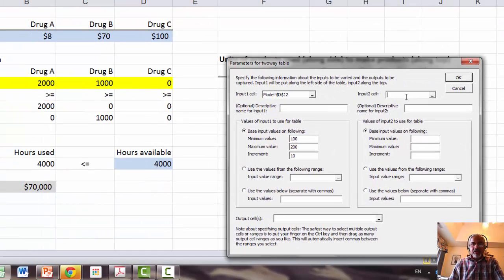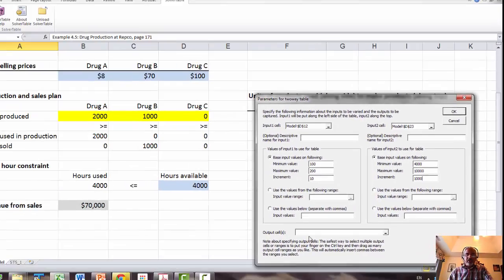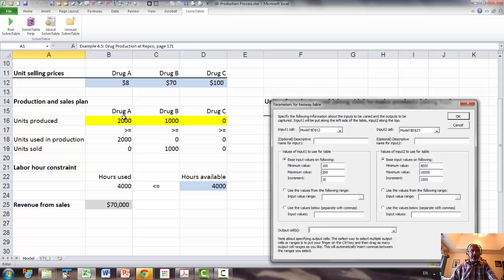The second input is going to be how many hours of labor is available, and we will increase the labor from 4,000 to 10,000 hours in increments of 1,000. And the output that we want is the same two sets of output, units produced and, comma, control click, revenue.